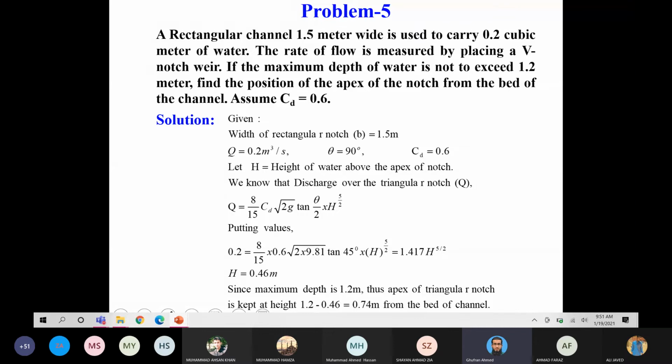अब एक V notch है. A rectangular channel 1.5 meter wide is used to carry a discharge of 0.2 cubic meters of water. The rate of the flow is measured by placing a V-notch weir. अब इसमें क्या किया हमने? एक V-notch लगाई है.